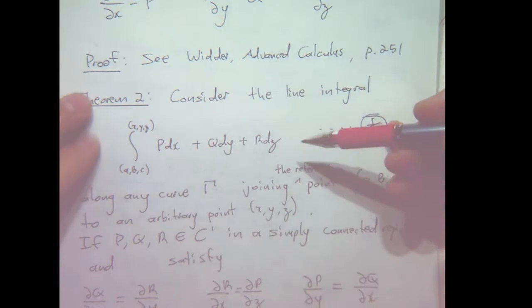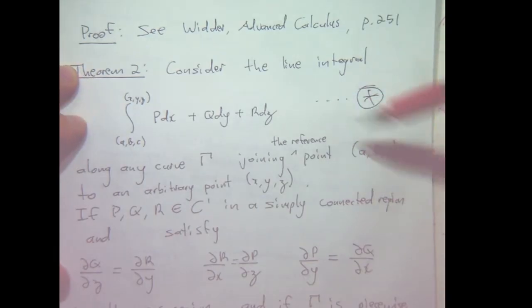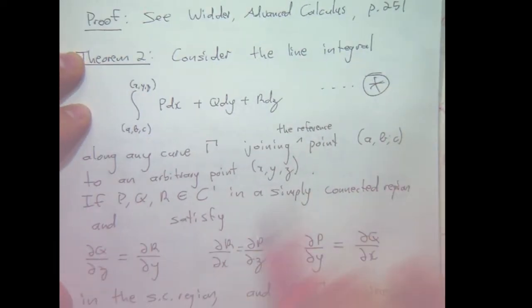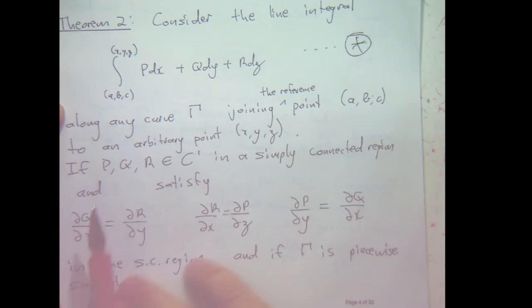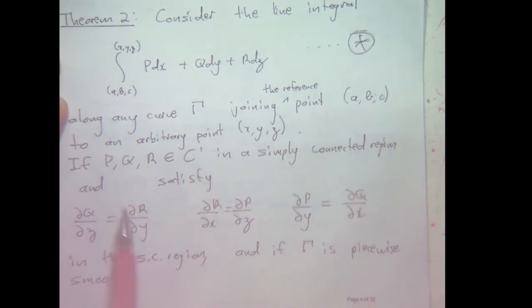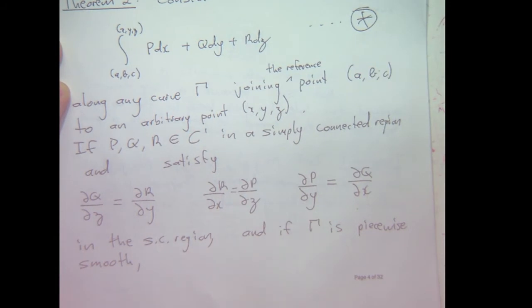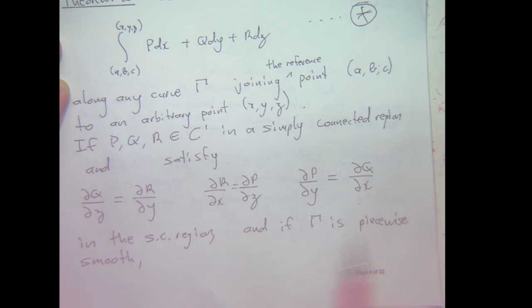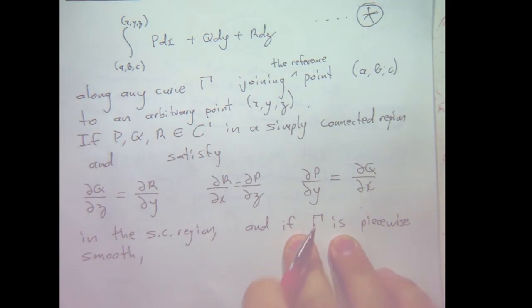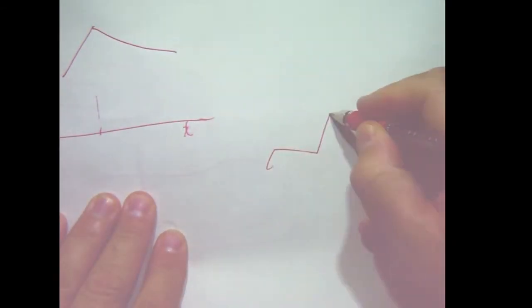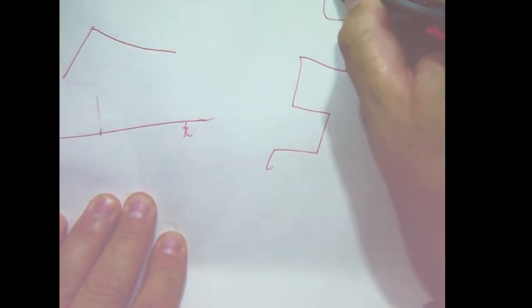Okay, joining the two endpoints. Now, if PQR are C1 in the simply connected region, and they satisfy the same condition as before in that region, and gamma has to be piecewise smooth, so gamma can be like that.